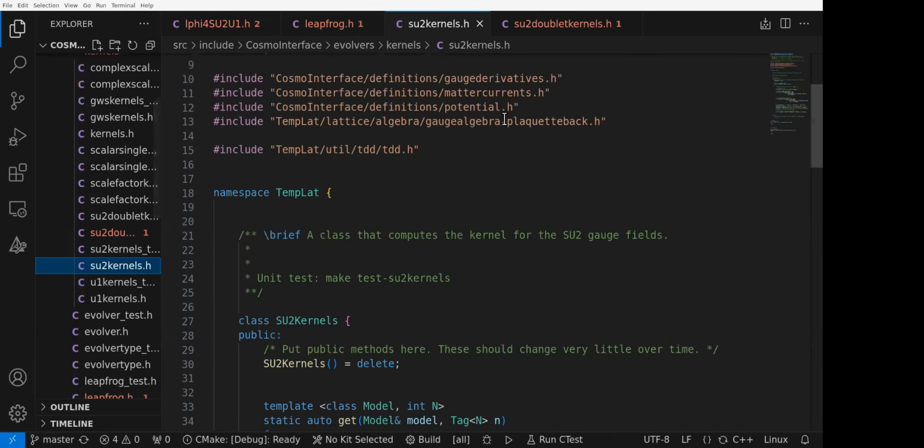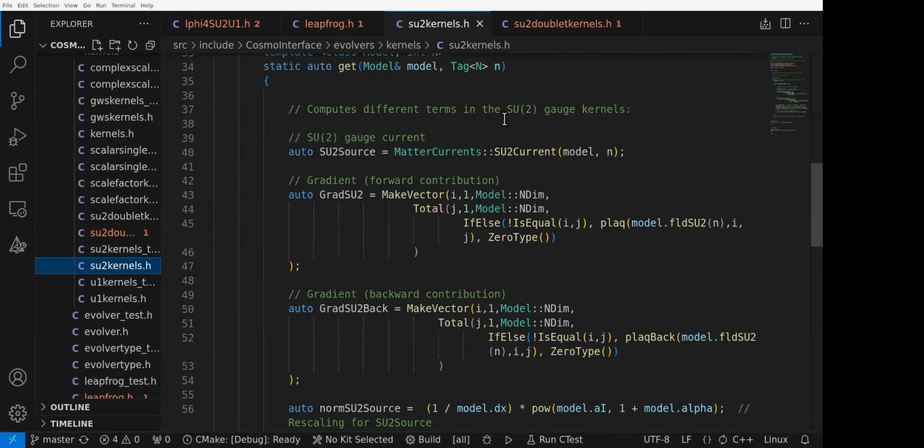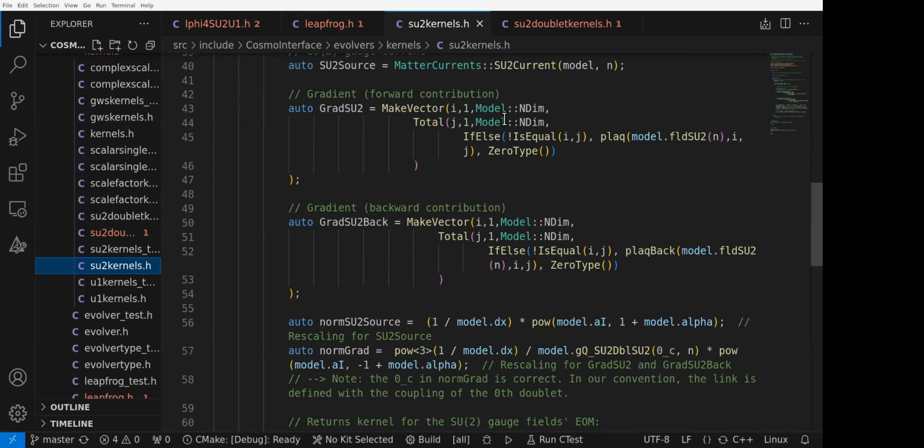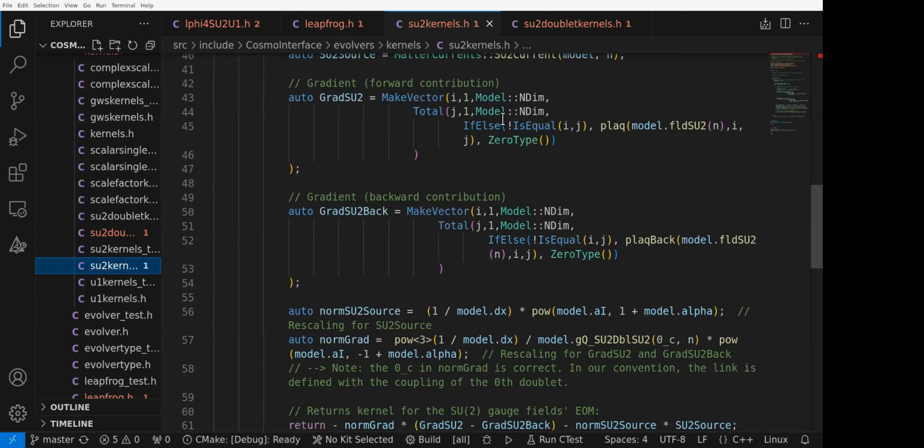The kernel for the SU2 vector is in principle the most complicated, because if you remember what I wrote before, it involves this covariant derivative. And this covariant derivative also involves the computation of this bracket operator, and you need to sum over all directions because it's really a divergence that you're computing.